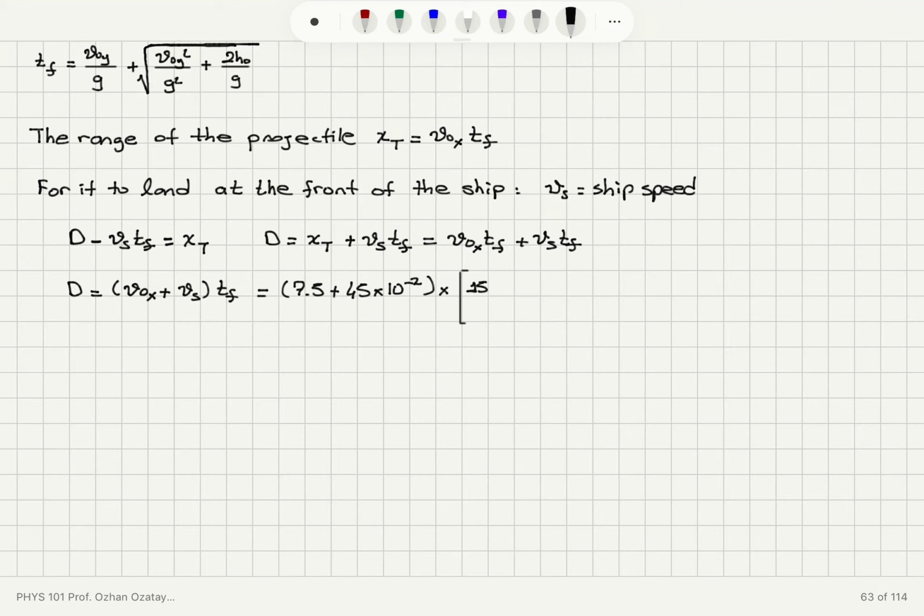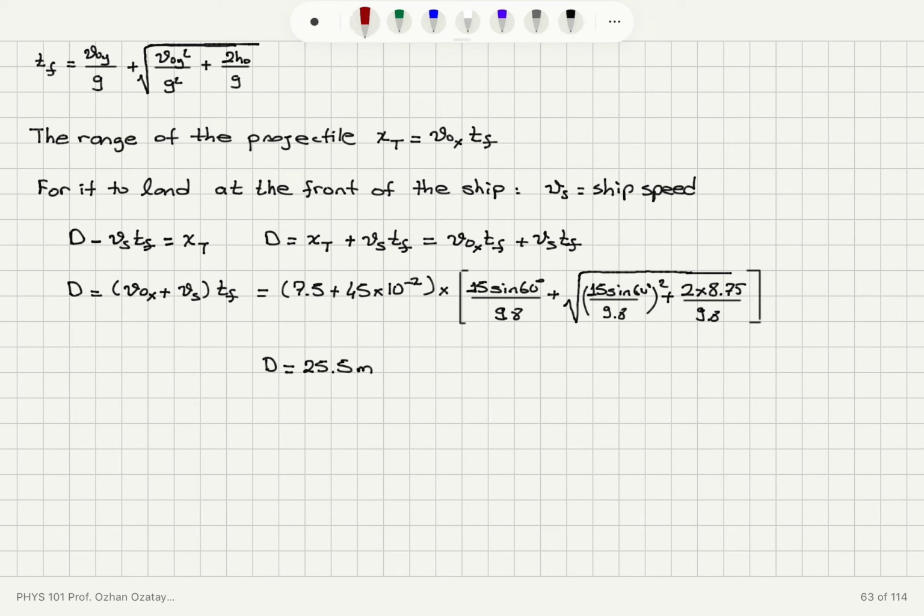I have 15 sine 60, that is v0y, divided by g, that is 9.8, plus square root of v0y over g squared, so it is 15 sine 60 divided by 9.8 parentheses squared plus 2h0, 2 times 8.75 meters over g, that is 9.8, and if I do this calculation, the answer I find for d is 25.5 meters with 3 significant figures.